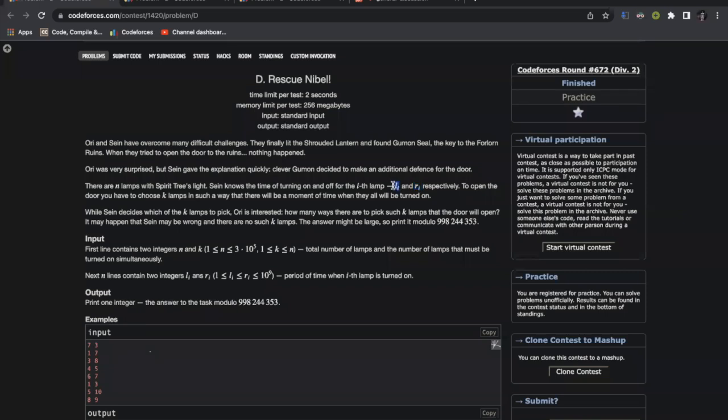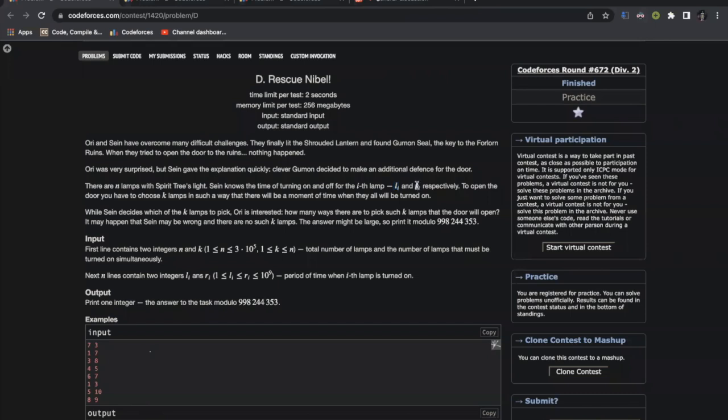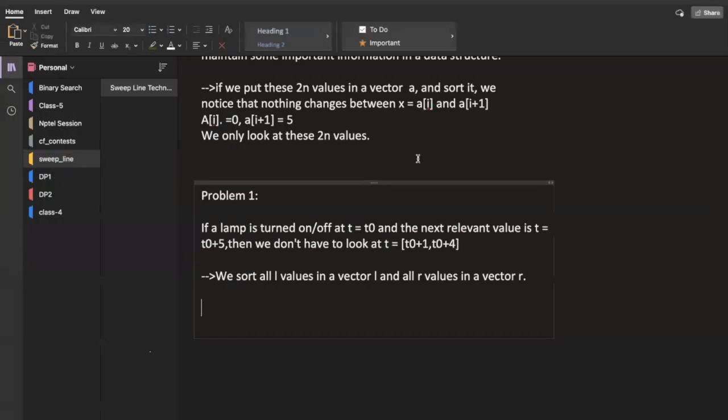So the lamp turns on at t equals Li and it turns off at t equals Ri. So basically, we first have to give priority to turning on and then we have to give priority to turning off. So the answer to your question is that only one lamp was turned on because these Ri values are not inclusive. If these values were inclusive, then we would have said that 2 lamps were turned on. But since these values are not inclusive, we will say that only one lamp is turned on. Okay.